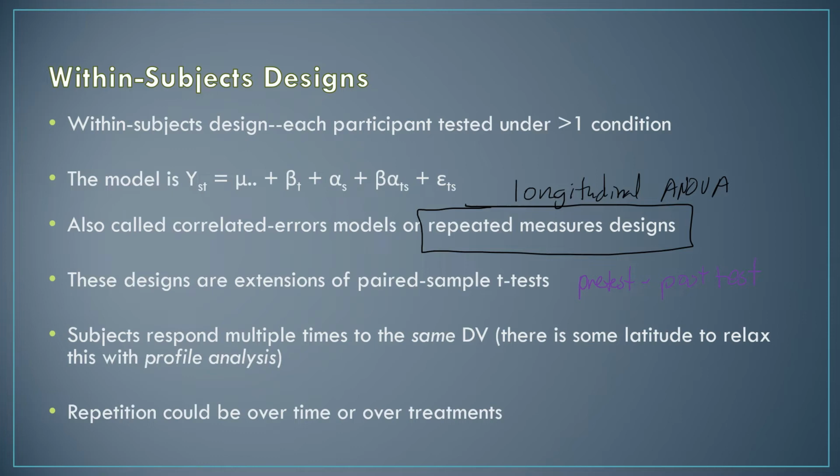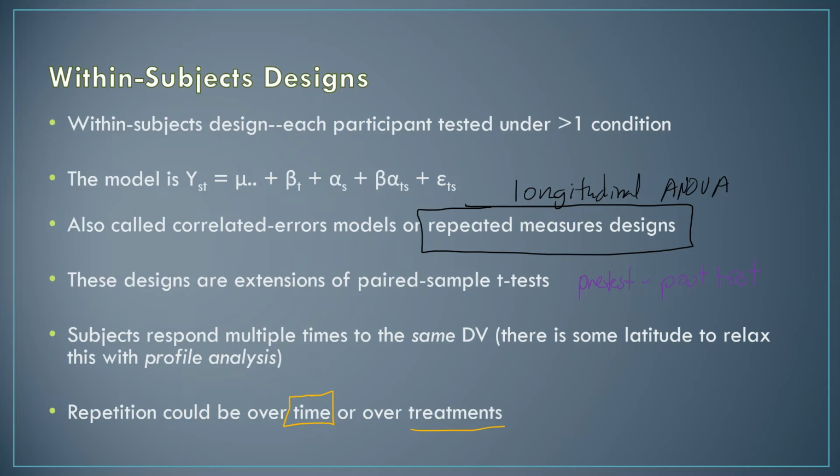And so this repetition can be over time, and most often we see it over time. So it's 3 or more time points where each participant has a value of the dependent variable at each of those time points, but it could also be over treatments where it's like a leveling or a stacking of treatments, or it could be something where it's the increase of sessions, so the number of sessions, but you are measuring the dependent variable at each session.